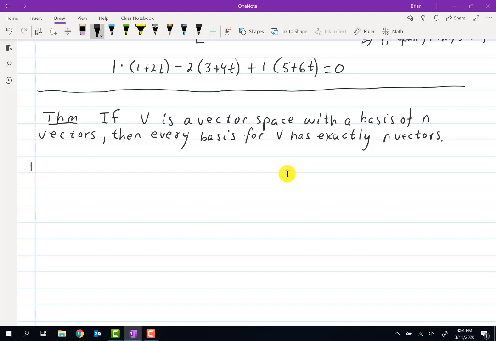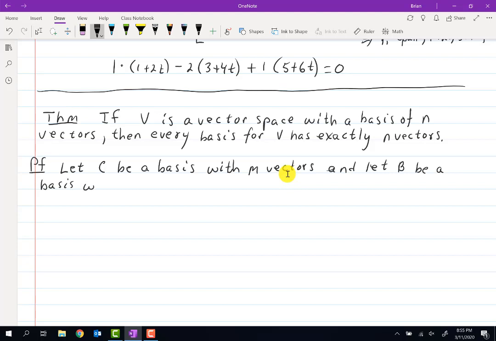So for the proof of this, let C be a basis with m vectors and let B be a basis with n vectors. So I have two bases potentially with a different number of vectors in each basis.